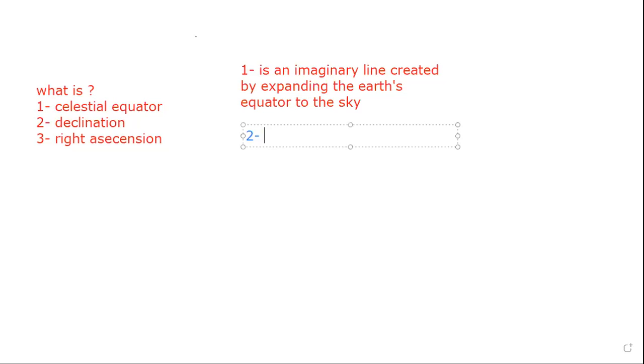Okay, celestial equator. So it can determine the position of a star or of any object in space, in degrees above the celestial equator or below the celestial equator. North or south, by declination.